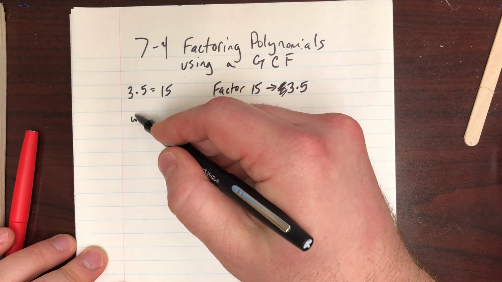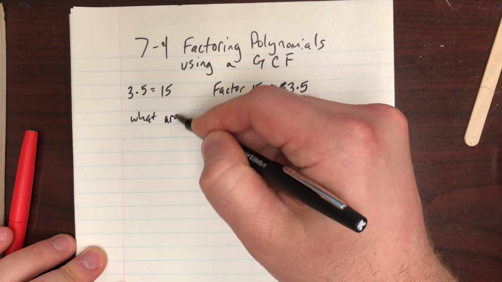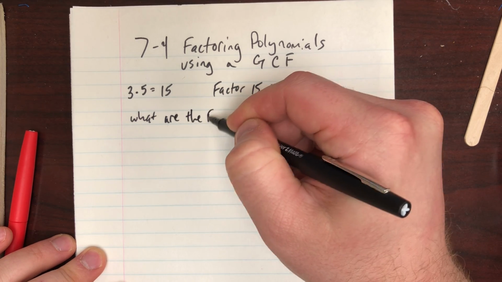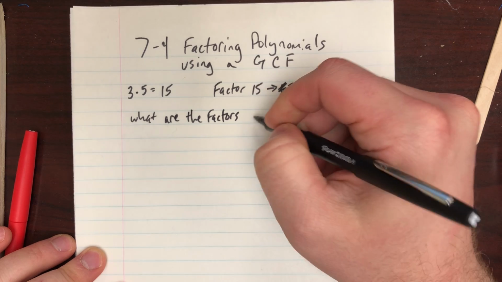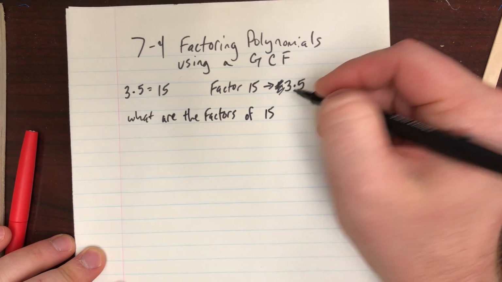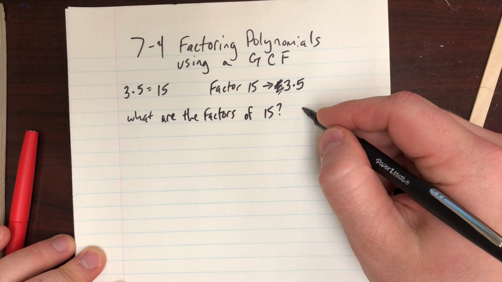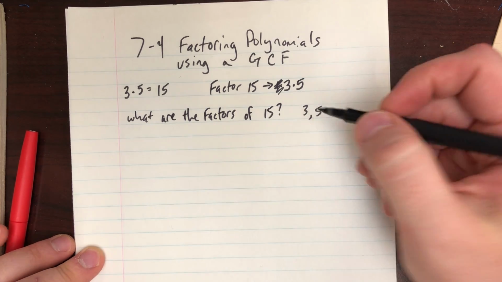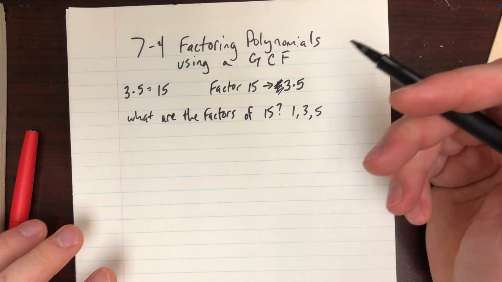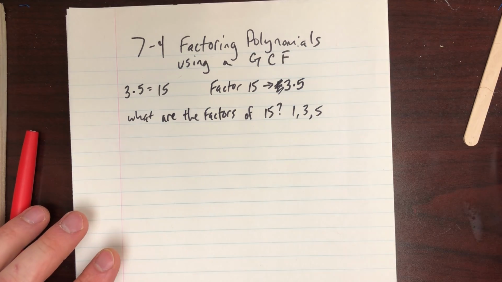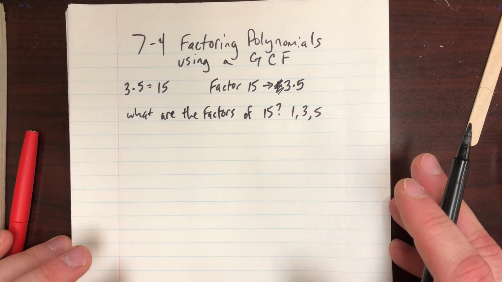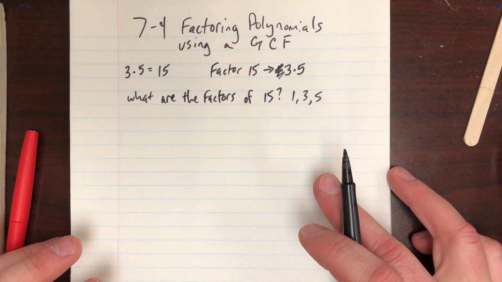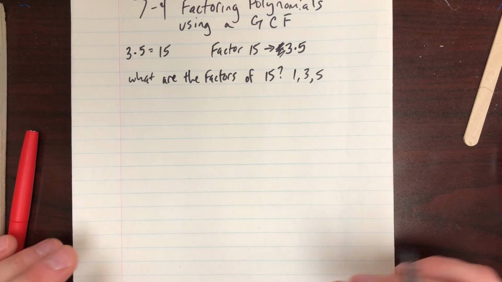So we could also ask, what are the factors of 15? The different factors of 15 are 3 and 5. But here we could say, well, 1 is also a factor of 15. Just in case that word wasn't clear to you, that's what factoring means.